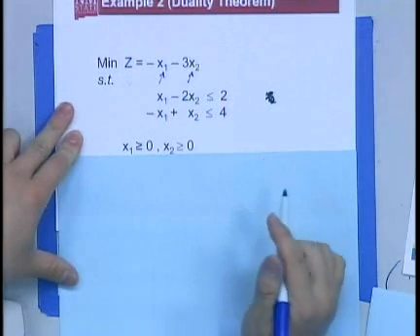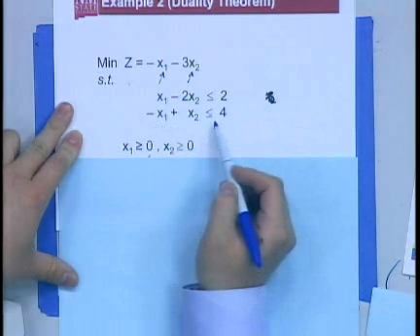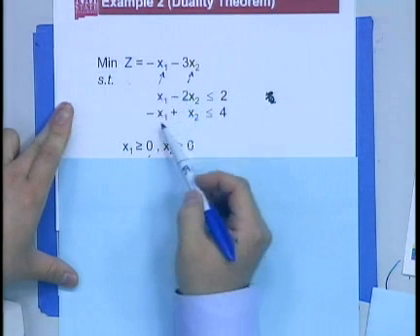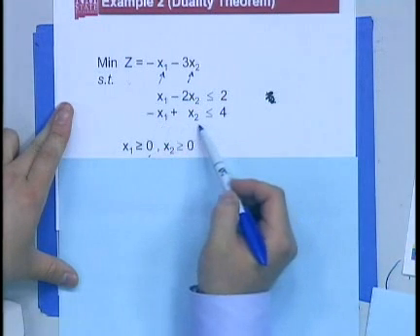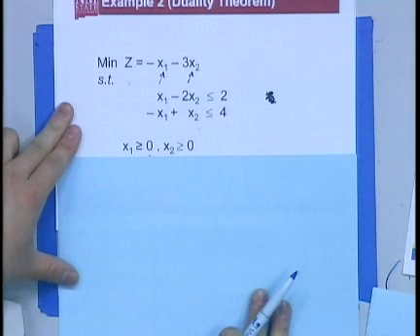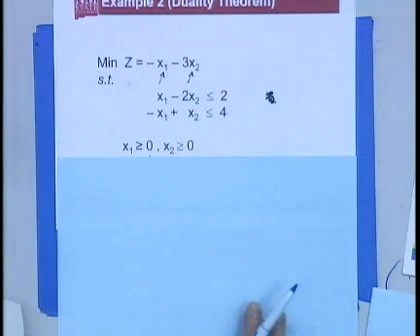And the size of the problem will be 2 by 2, because the primal problem has 2 constraints and 2 decision variables, which means the dual problem also has 2 decision variables and 2 constraints.